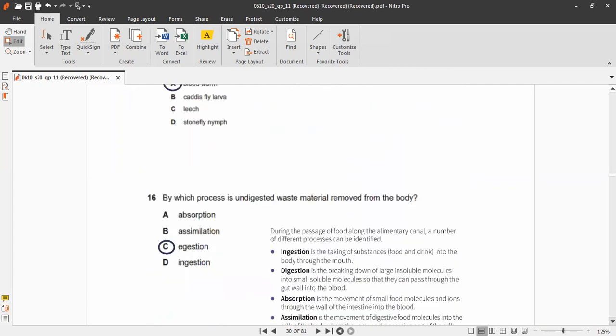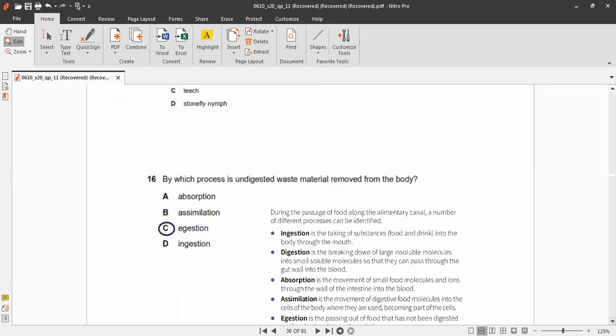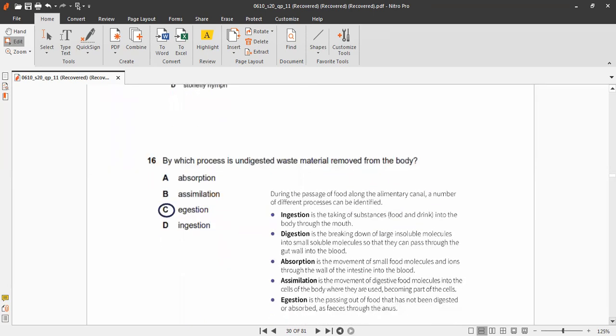By which process is undigested waste material removed from the body? Egestion, the passing out of food that has not been digested or absorbed as feces through the anus. But what about absorption?